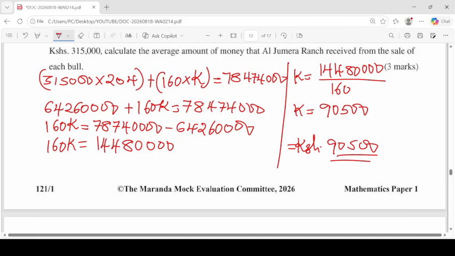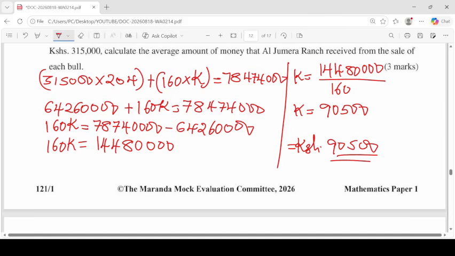Have I computed it the right way? Remember, let me confirm, 204 times 315. When I subtracted, what did I get? I took 78,474,000, then I subtracted 64,260,000. I got 14,000,000, I messed up here.